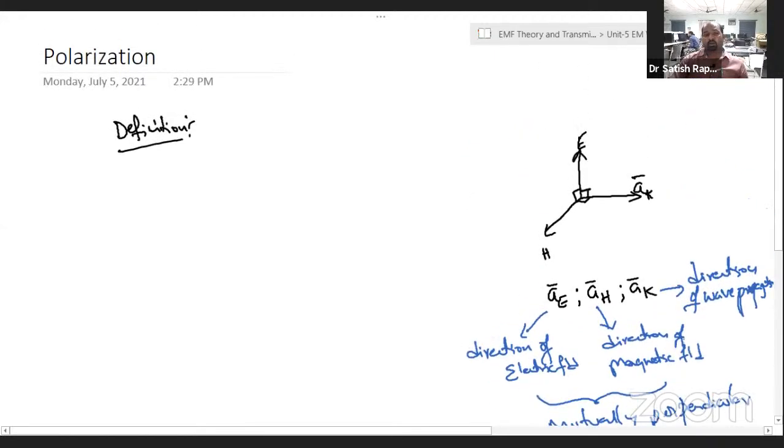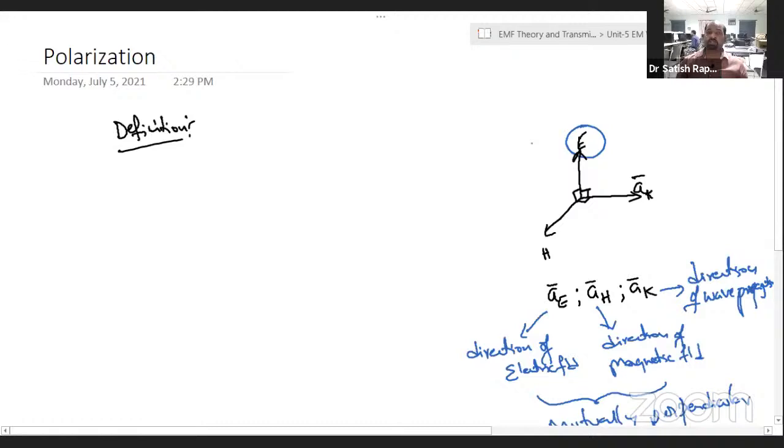So therefore the polarization is defined in terms of electric field component. That means when wave is propagating in a media, how electric field is oriented with respect to time, that is defined as polarization, right?